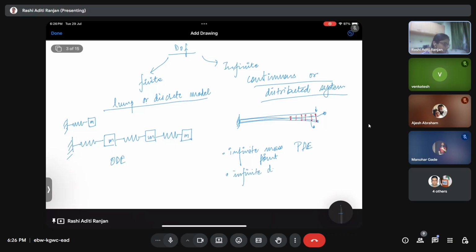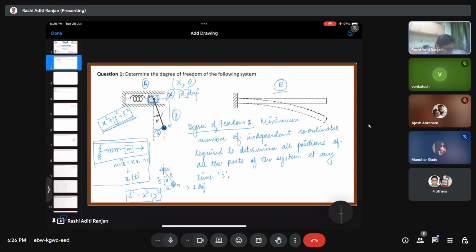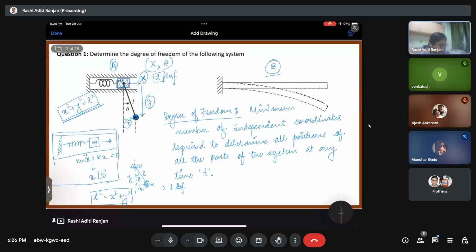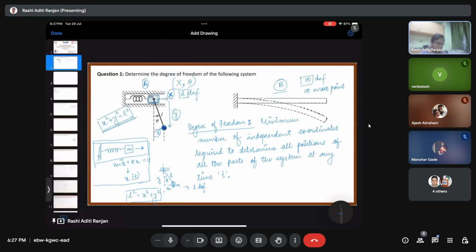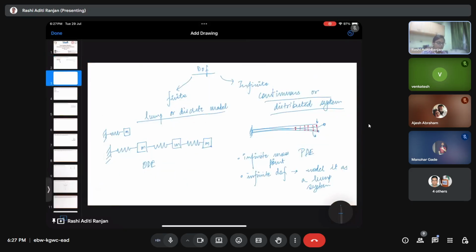So we try to model it as a lump system because it is easier for us. So if I go to this question again, we have infinite degrees of freedom. Okay, I hope this is clear.